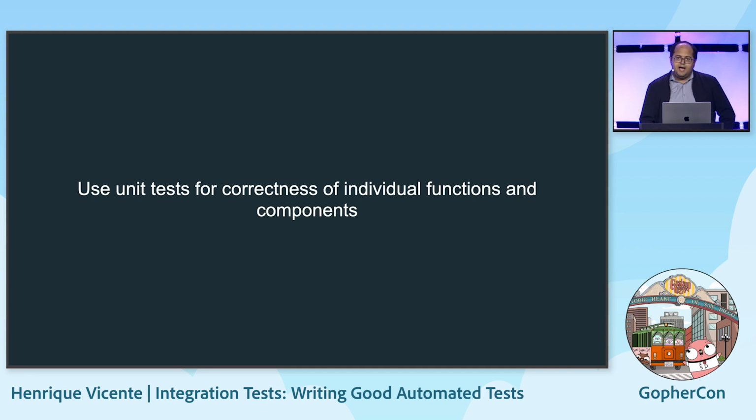I would say that you should use unit tests to check the correctness of individual functions and components of your application, but you should choose integration tests when you need to test components that communicate with other parts of your system.